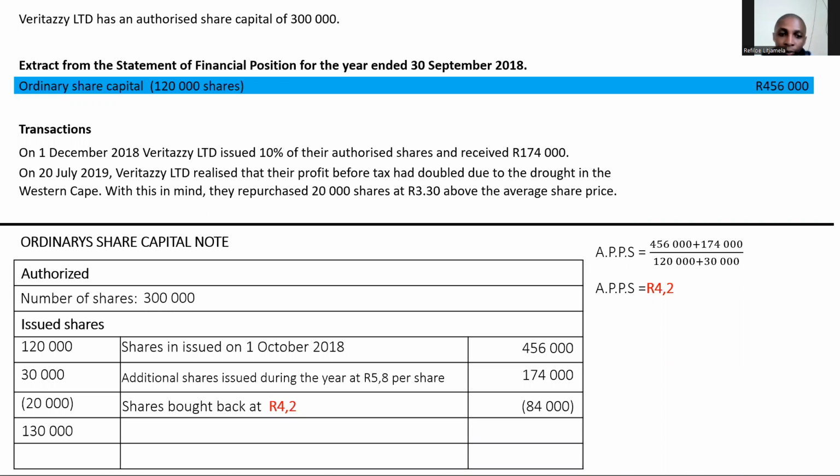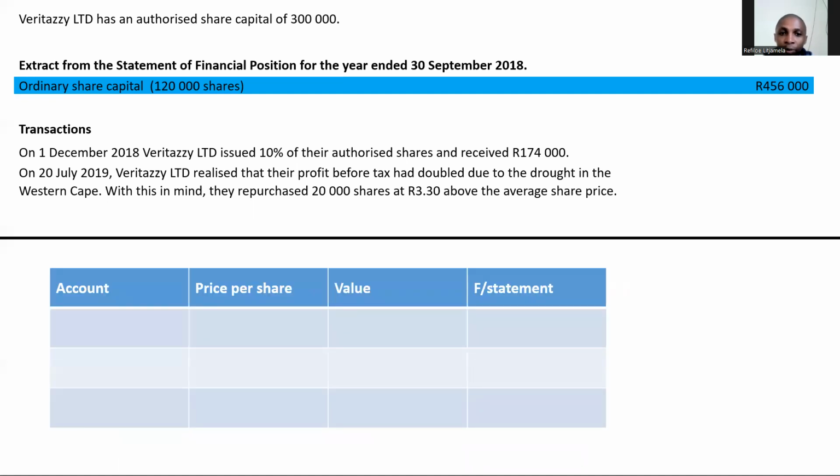It will give you a closing balance, and your closing balance will simply be 546,000 rand. So basically, that is the closing balance. If I take the closing balance, which is my share capital, and divide it by the number of shares in issue at the end of the year, let's check how much it will give us. It should give us an average price of 4.2. So the average price will be the same as the buyback, and this one will also be the same.